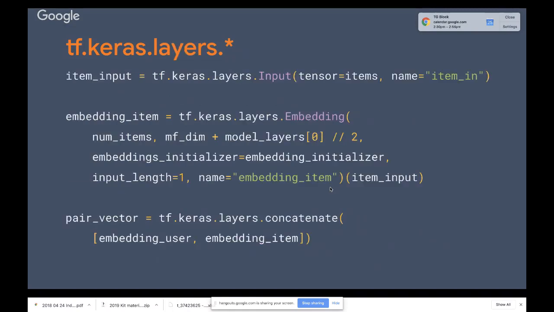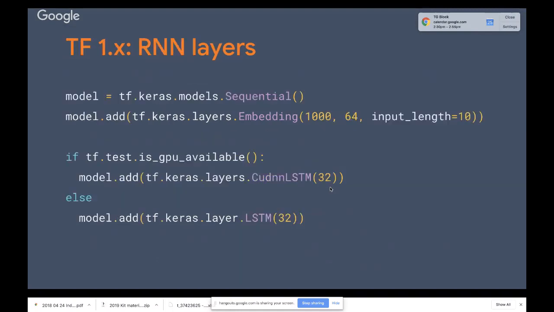Okay. The last piece is the actual layers piece. One of the biggest issues was that layers were a little unintuitive in TF1.x. And right now, there's a lot of simplification that has happened. To give you an example, let's say you are looking at RNN layers. The problem is, in a lot of these cases, you would need to know what kind of hardware the model is going to run on before you make the corresponding layers call.